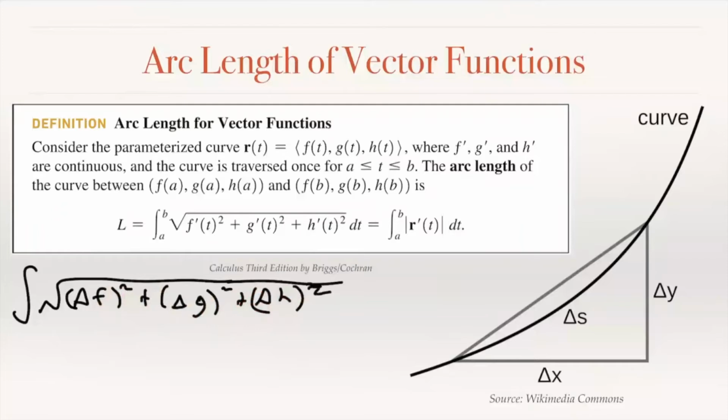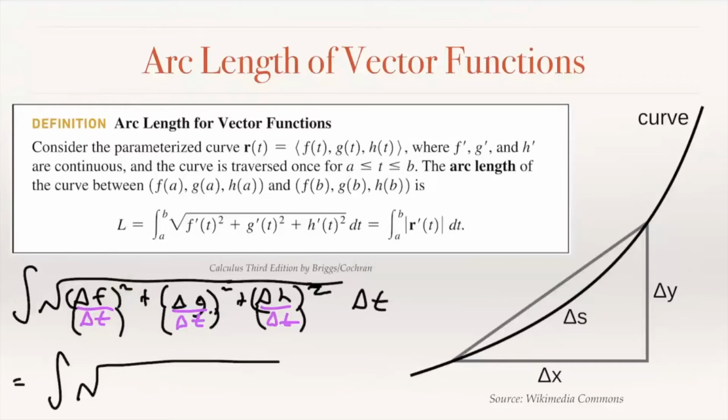And then what we can do is divide each of these on the inside by a delta t. That's dividing by a delta t squared on the inside, so then we need to multiply by a delta t on the outside, and then we don't do anything fundamentally.